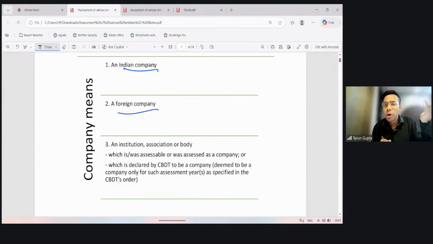And when the CBDT issues an order, it also specifies the years for which such association, institution, or body, as the case may be, shall be treated as a company. So company may be an Indian company, a foreign company, or any association, institution, or body which is or was assessable as a company, or which is declared by the CBDT to be a company for specified years.